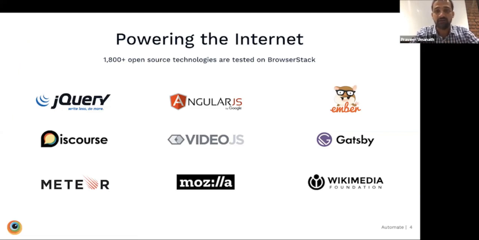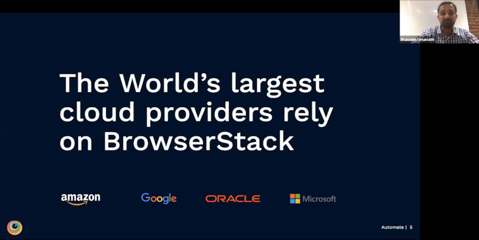Leading open source frameworks and tools like jQuery, Angular, Discourse, Meteor, even Mozilla use BrowserStack. We're really excited to support all of these open source projects. Some of the world's largest cloud providers also rely on BrowserStack to test their platform: Amazon, Google, Oracle, and Microsoft use BrowserStack to test their software.